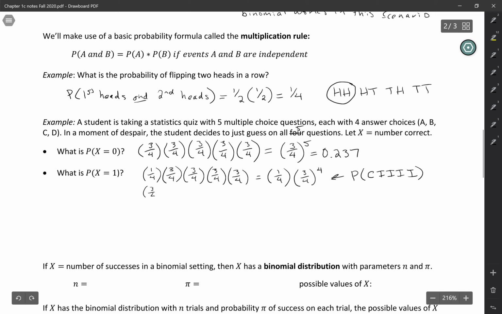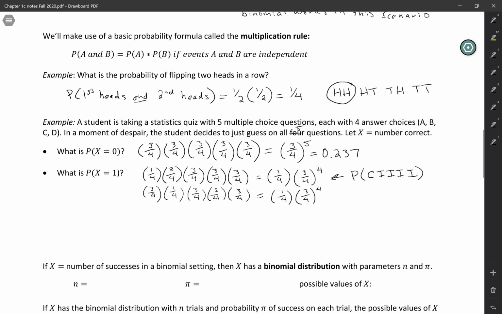Now it would be 3/4 for the first one, they missed it, but they got the second one, and then missed all of the others. Remember, the condition here is that they're getting exactly 1 correct. So it comes out to the same probability, 1/4 for the one they got right, 3/4 for the ones they got wrong, raised to the 4th power because they missed 4 questions.